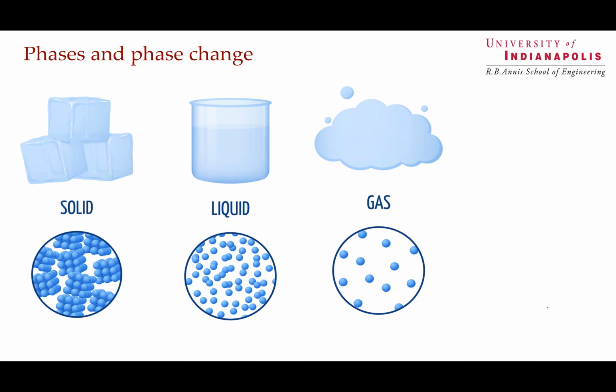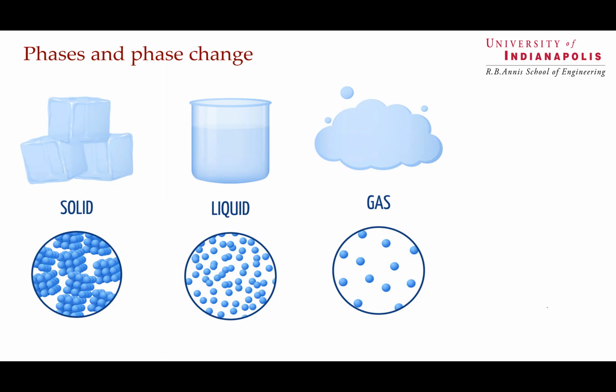Liquids, on the other hand, have less intermolecular attraction than solids do. The liquid molecules are free to move around their neighboring molecules. That's why liquids have the property of flow, and liquids don't have a definite shape.